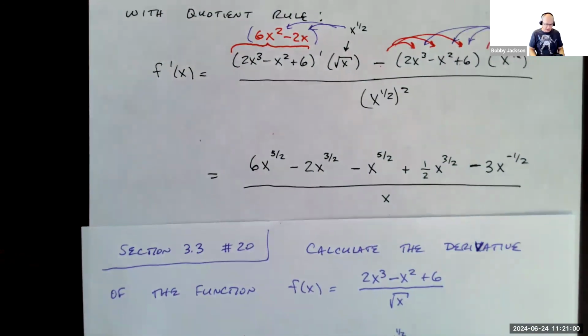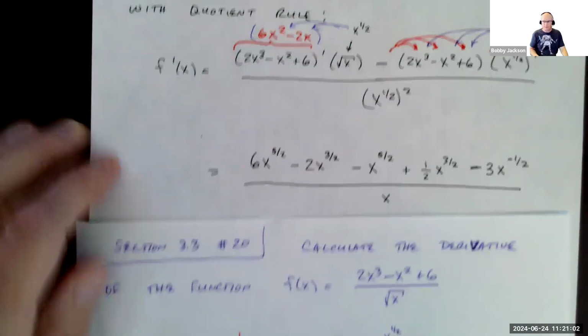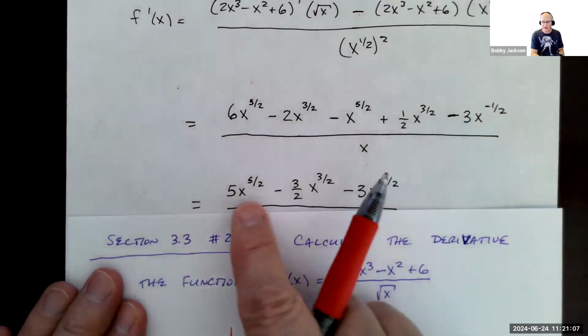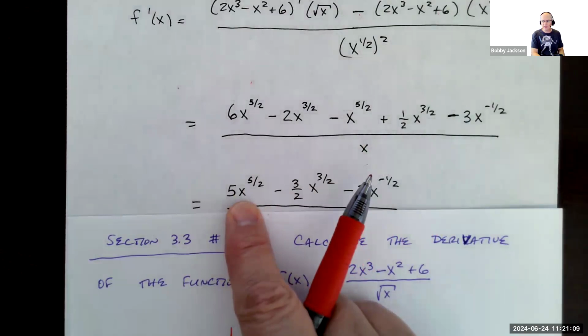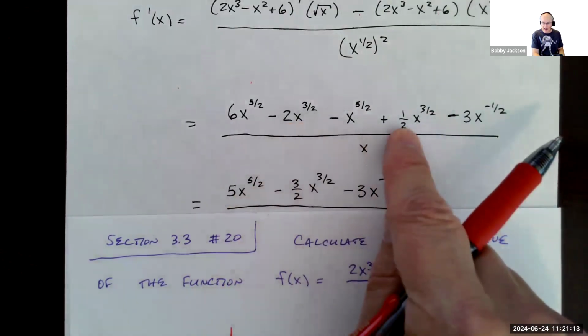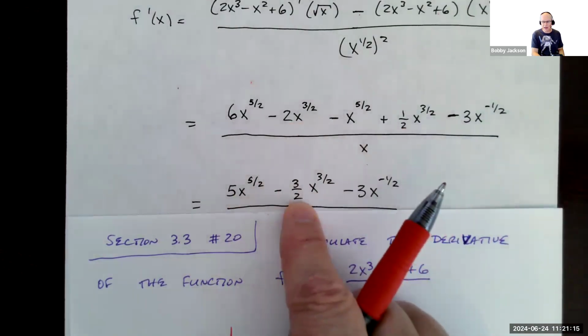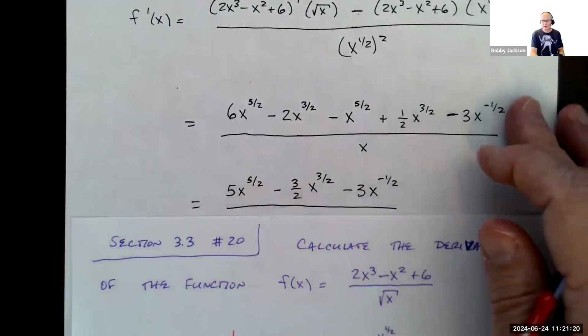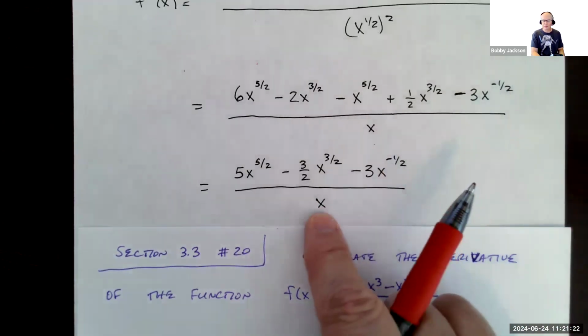Now there are some like terms up here I can combine. So 6x to the 5/2 minus x to the 5/2 is 5x to the 5/2. Okay, and then -2x to the 3/2 plus 1/2 x to the 3/2 is -3/2 x to the 3/2. And then I've got this -3x to the -1/2. Again, remember, it's always divided by x each time.